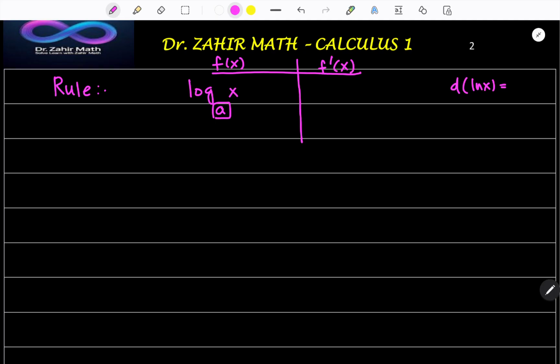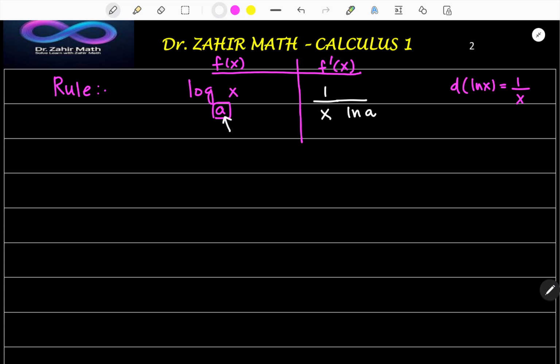If you have not watched that video, please go back to the previous video, watch and come back to this one. Derivative of ln x is what? 1 by x. This is the formula. Same formula here, no change, but there is a small change. What is that? 1 over x, the same rule. After that, you just attach one more, which is ln a. A comes from the base.